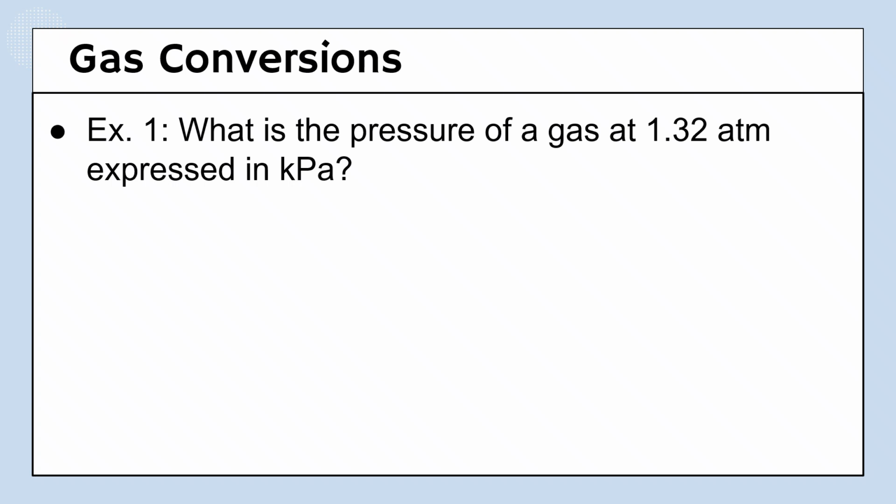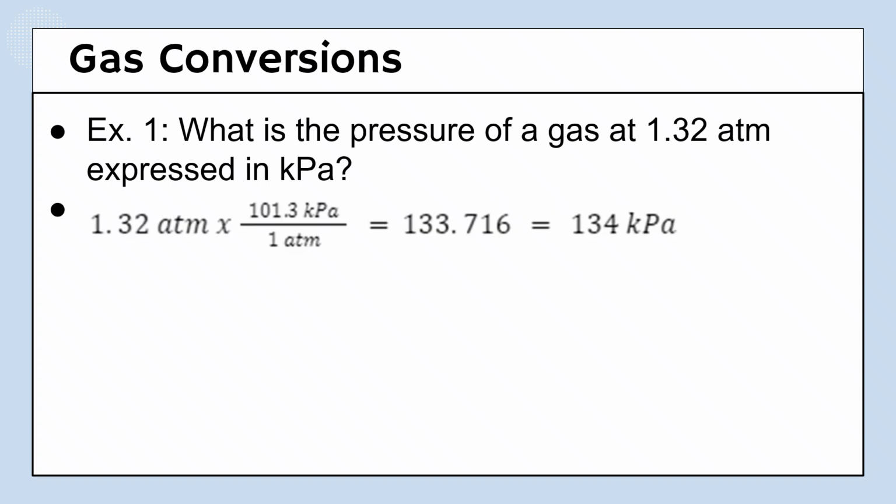We know 1 atm equals 101.3 kilopascals. So I'm going to put atm on the bottom so I can cancel out my units, and I'm going to put 101.3 on the top. And I'm going to multiply across.